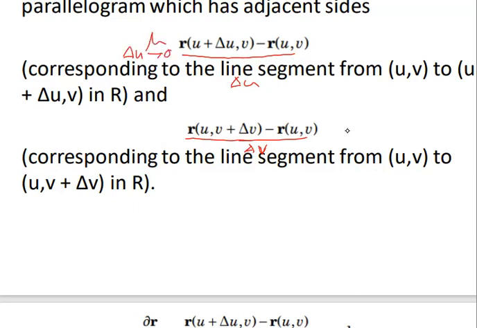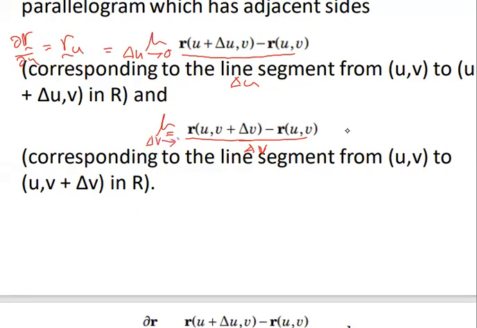What is the definition of this? This is the partial derivative of r with respect to u. I will write this notation, partial of r with respect to u. Taking the limit, delta v is very infinitesimal.